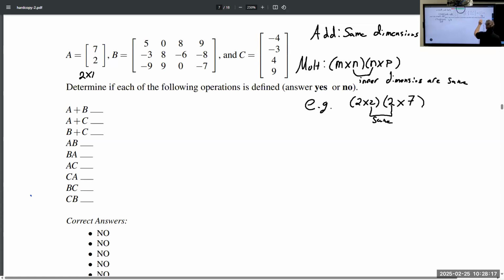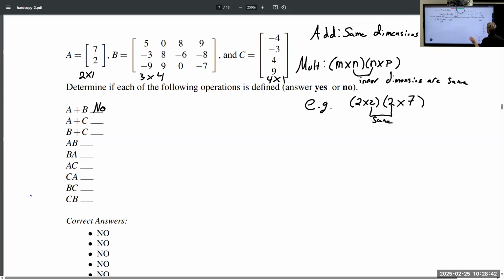We have a 2 by 1, we have a 3 by 4, and we have a 4 by 1. So when we're adding them, they have to be the same dimensions, but these are not the same. So 2 by 1, 3 by 4, not the same.